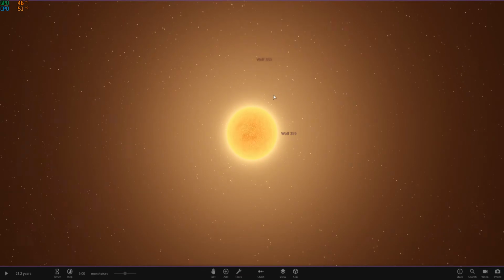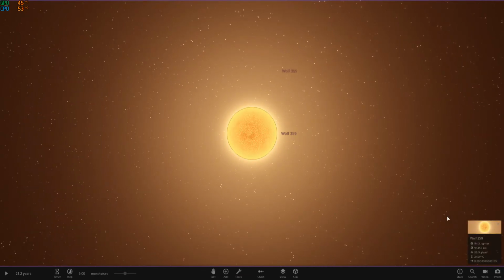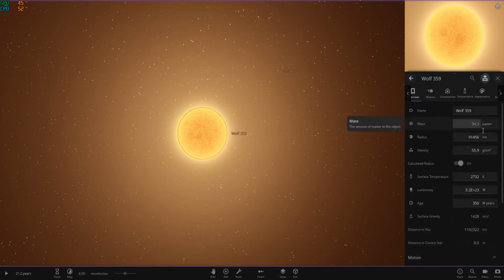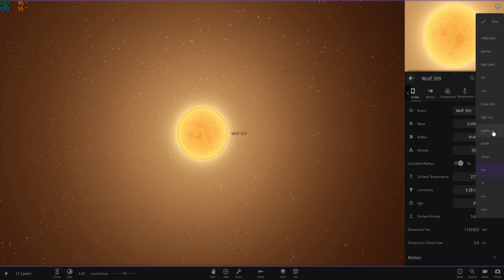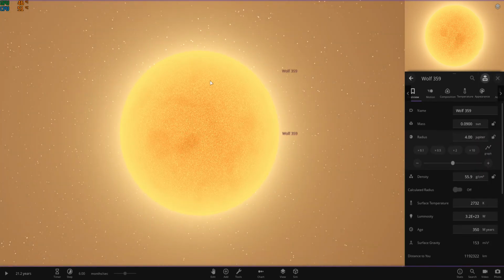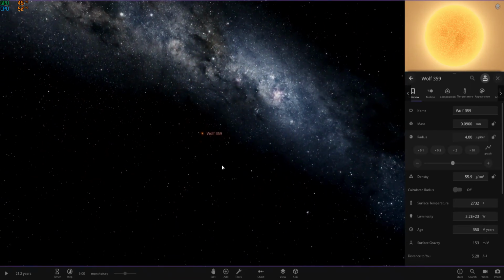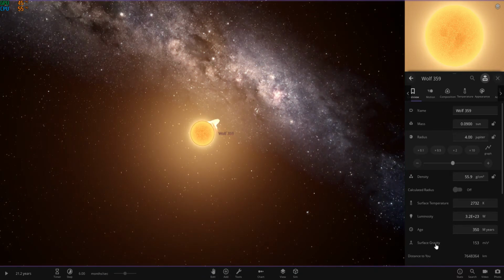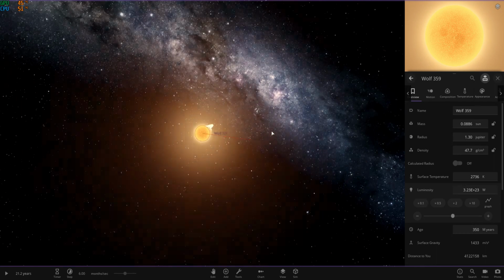You can see in these 30 years the star's radius has increased to 4 times the radius of Jupiter, making it larger and thus die. Its luminosity is increasing a little bit.